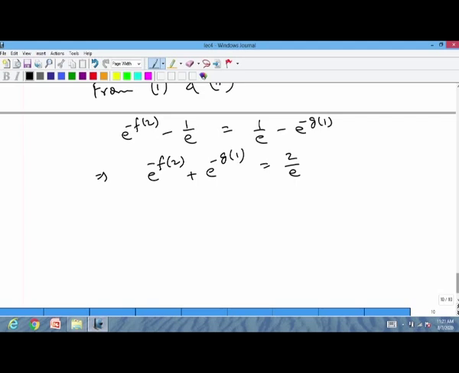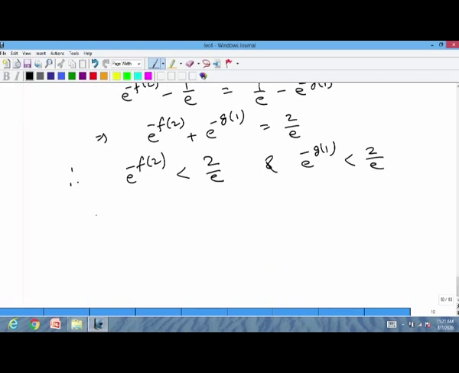Now, we know that exponential is always positive. So, this implies e to the minus f of 2 is strictly less than 2 by e, and e to the minus g of 1 is also strictly less than 2 by e.